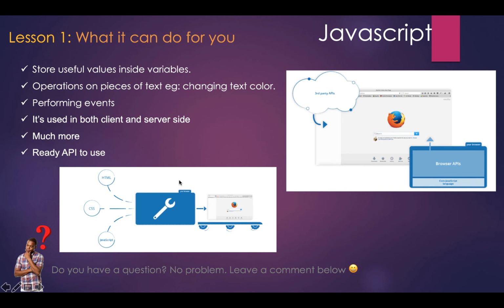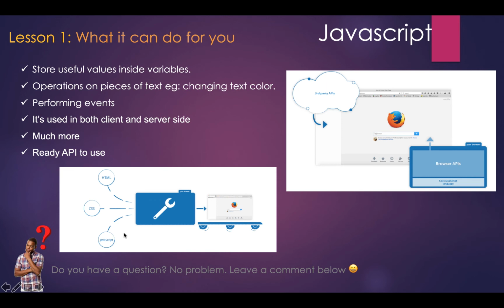Okay, so let's move on. And what can JavaScript do for you? 1 is to store useful values inside variables. I'll talk about that later on. 2 is operations on pieces of text, for example changing text color, performing some events. It is used in both client and server side, with much ready API to use.